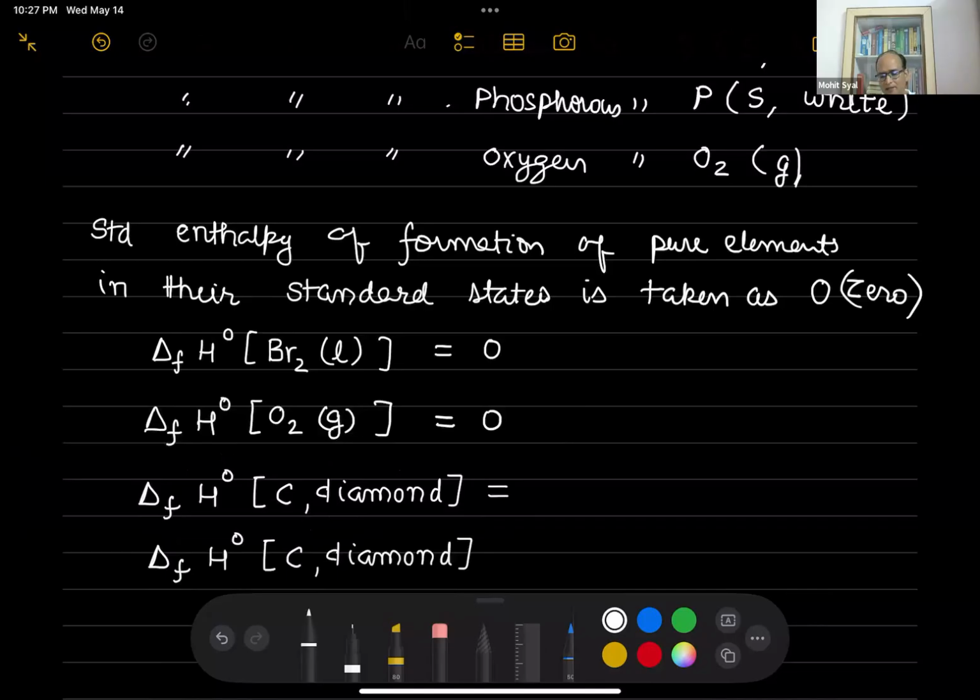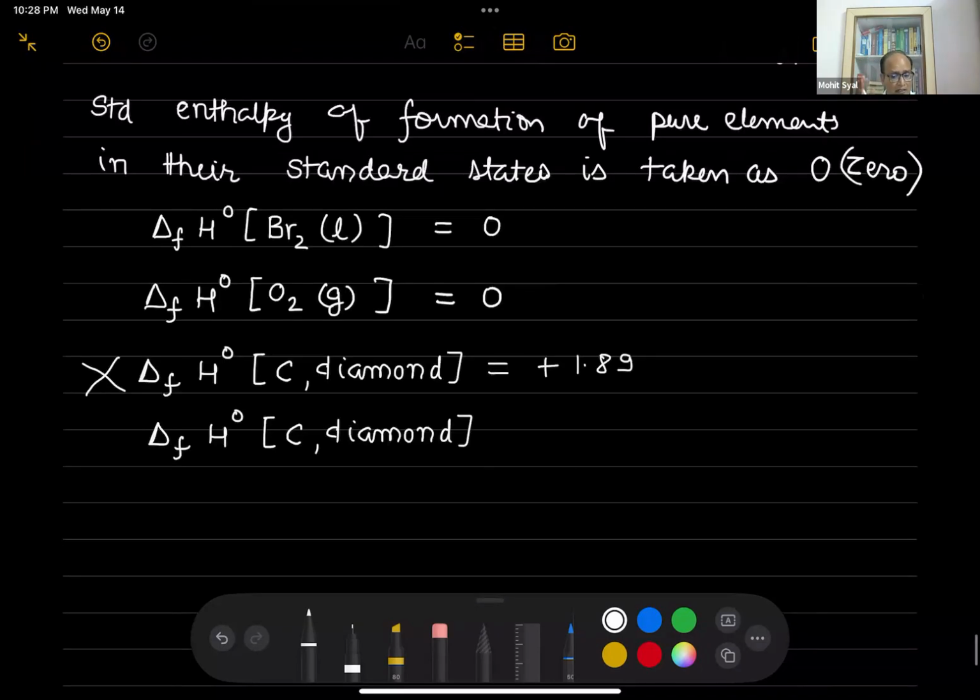There is a slight difference. So this is not the standard enthalpy of formation, and it is not considered while considering the heat of formation of a compound. You should not take diamond; you should take graphite.